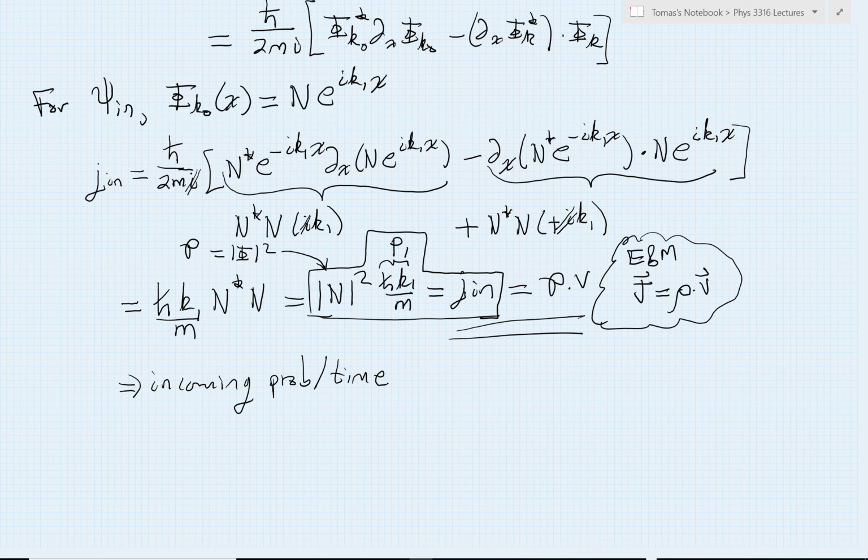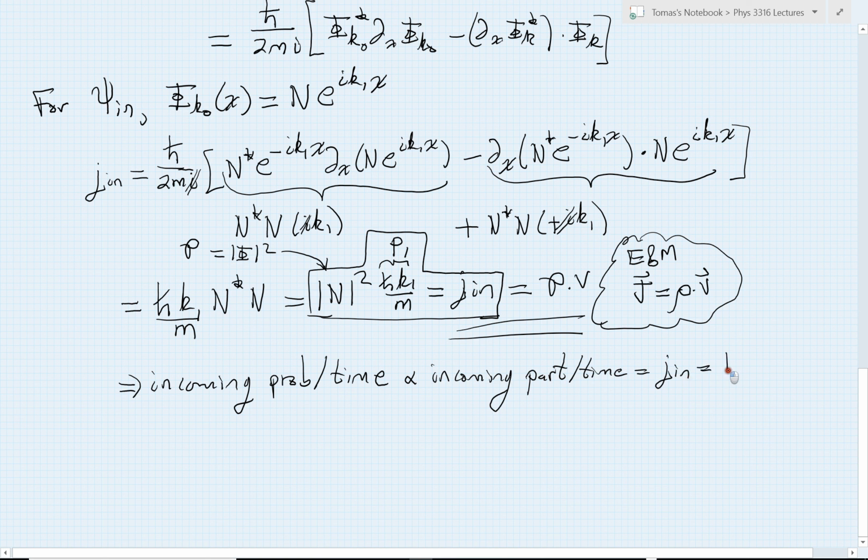So incoming probability per unit time is going to be directly proportional to the strength of my incoming beam. This is proportional to the number of incoming particles per unit time, and that equals this incoming current, and I have this nice formula for my specific case, n squared h bar k1 over m. Beautiful.